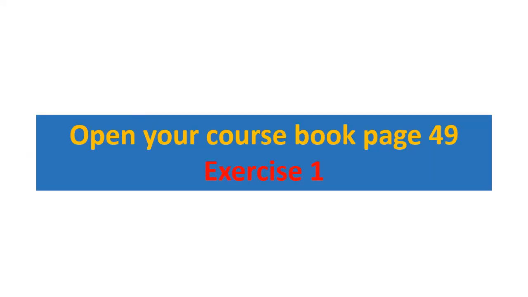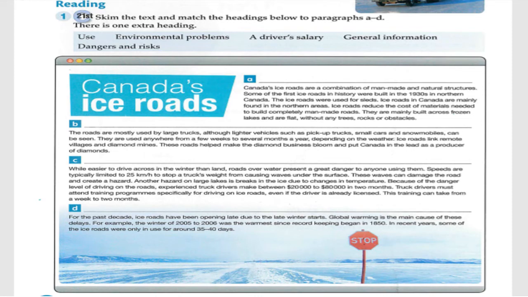Okay. Now let's learn more about ice roads in Canada. I need you now to open your course book, page 49, exercise number 1. Here you can find 4 paragraphs about Canada, A, B, C, D. Above the paragraphs, you have headings.